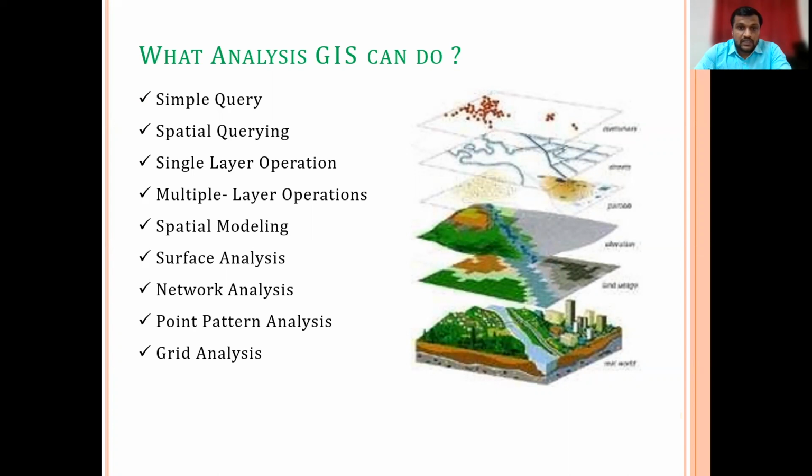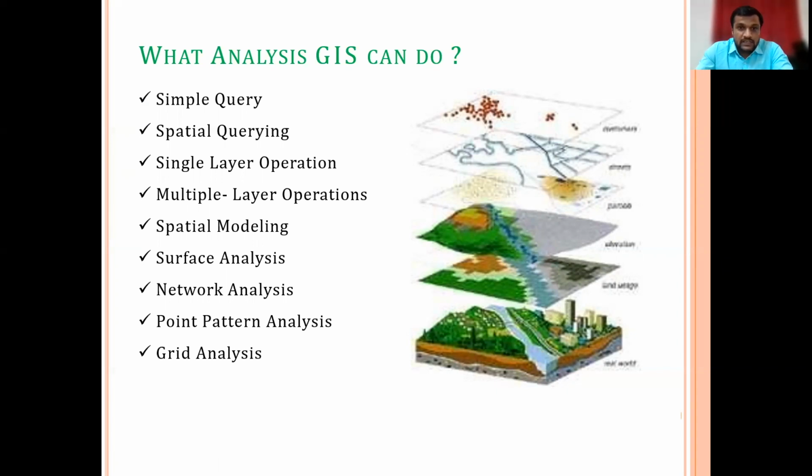Network analysis can be done using GIS. GIS can be used to find out the optimum shortest path between the destination and origin in a network. Point pattern analysis can be done using GIS. And grid analysis: GIS can be used to analyze grid data, like raster data sets, which we generally call satellite images.